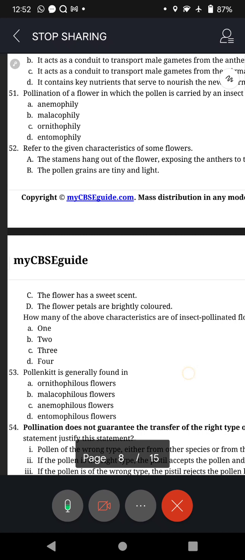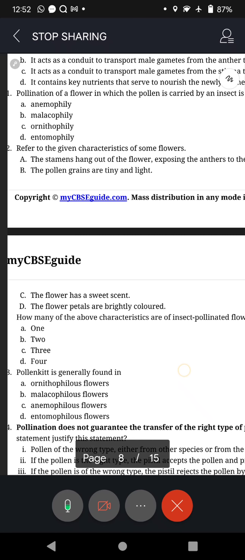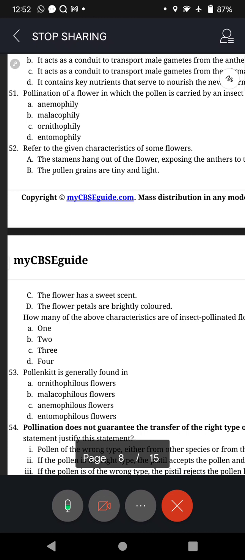How many of the above characteristics are of insect pollinated flower? So, what are those, Sandeep? Out of the 4 characteristics, you must pick up any that are related to insect pollinated. How many characters we can pick up? 2. What are those?